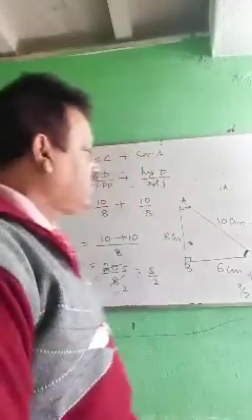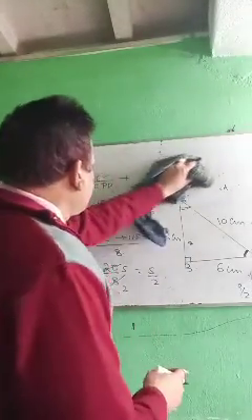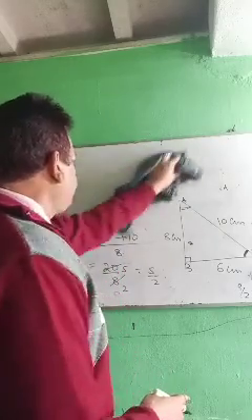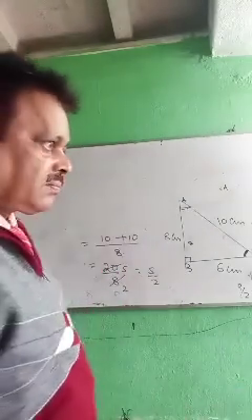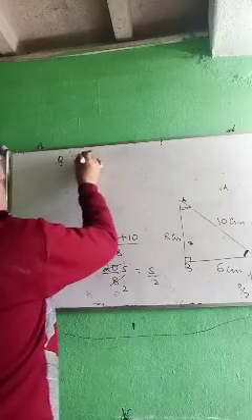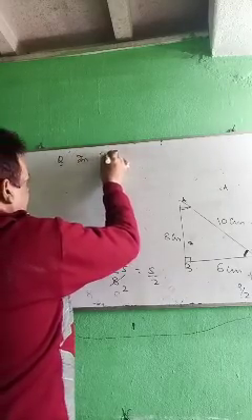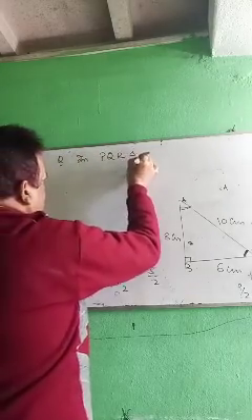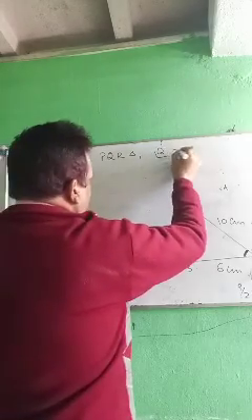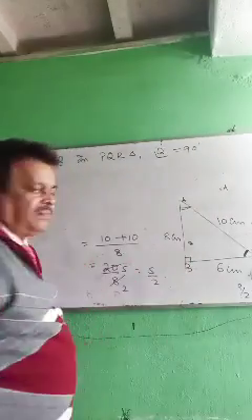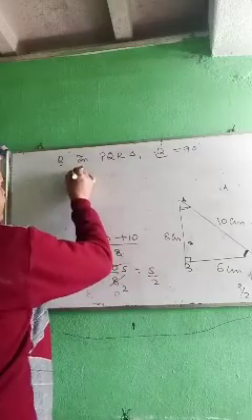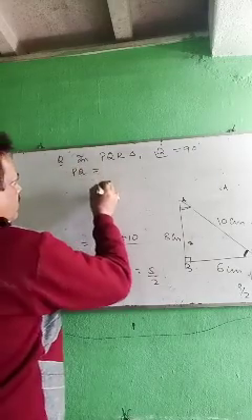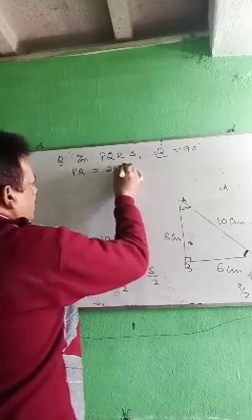Okay, so like this you will solve one question. Let me give one question. In triangle PQR, angle Q is 90 degrees. PQ equals 24 centimeter.